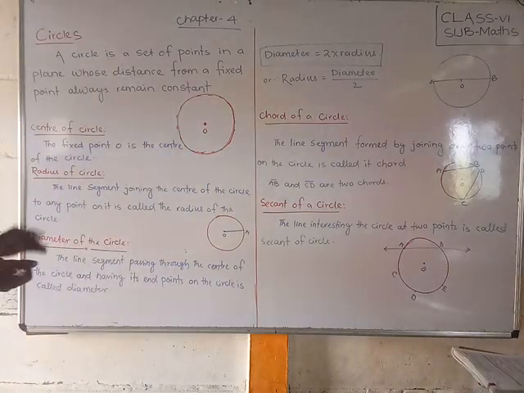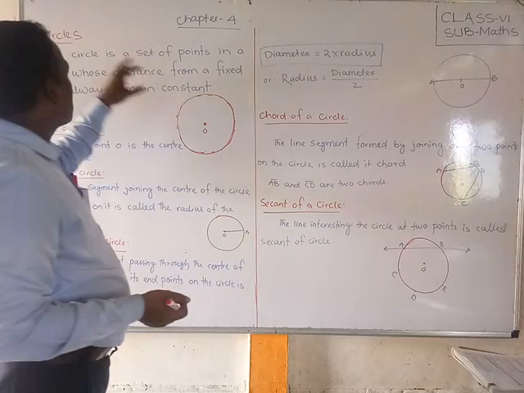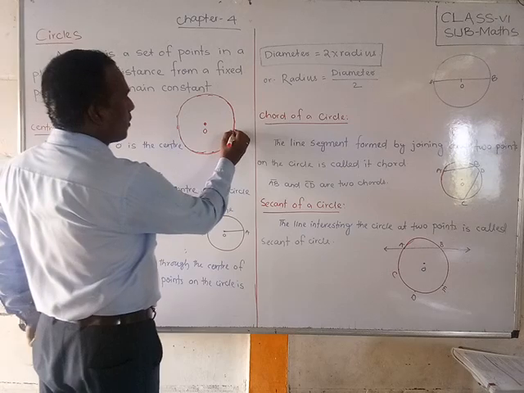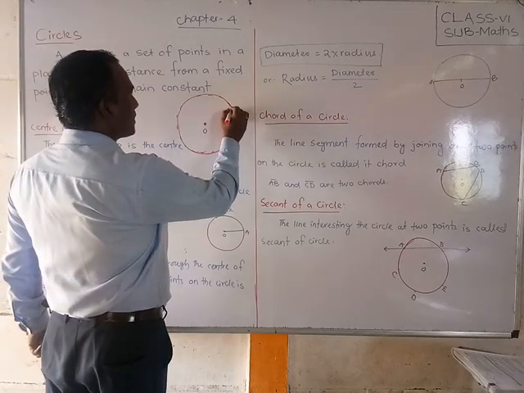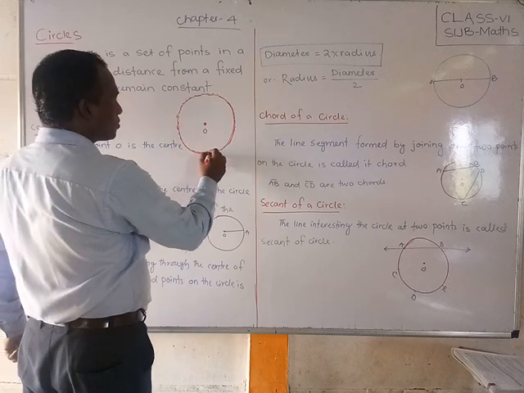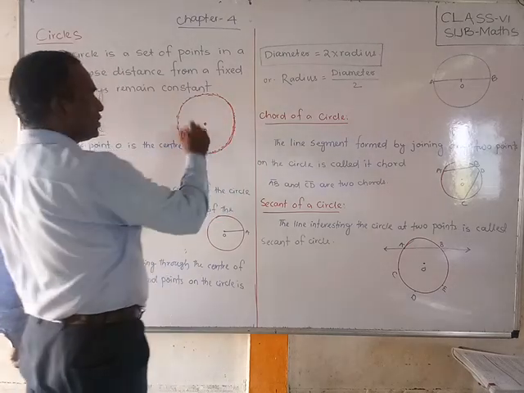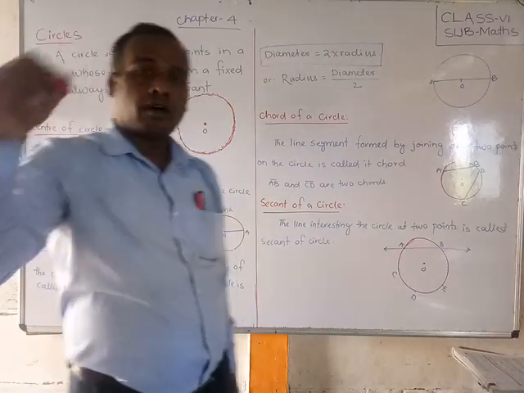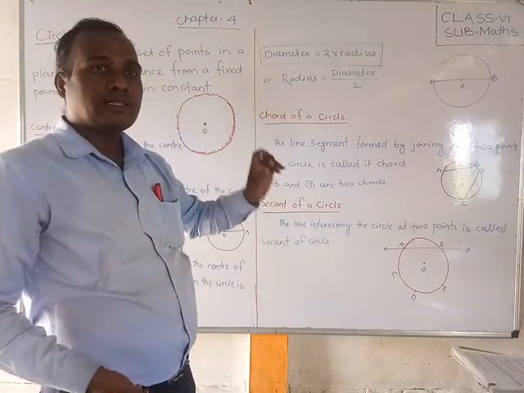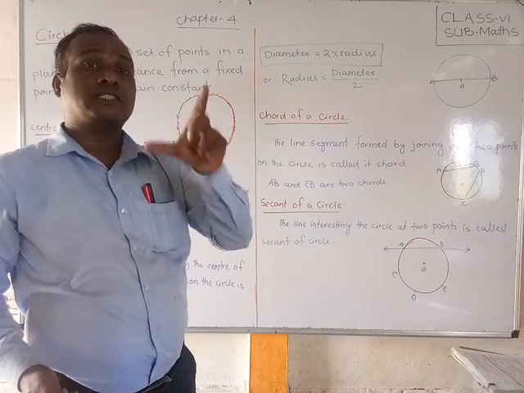Remember students, a circle is a set of points. These are only points, arranged just like a curve on a plane, and all the points should be at a particular fixed distance.